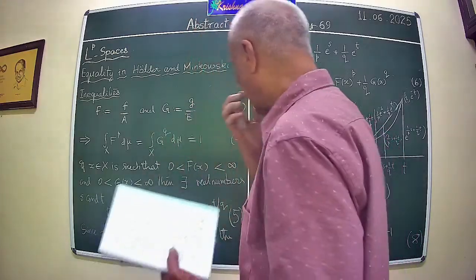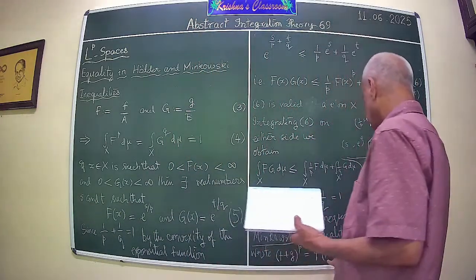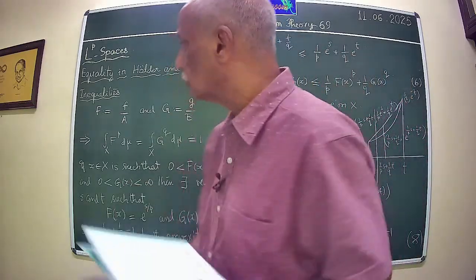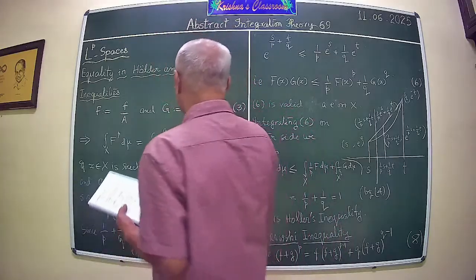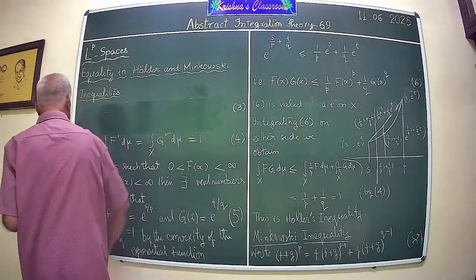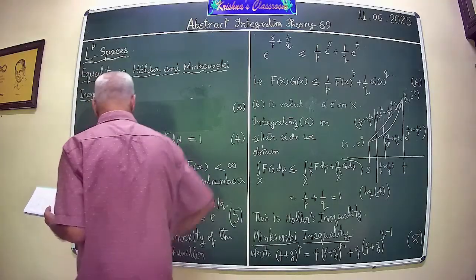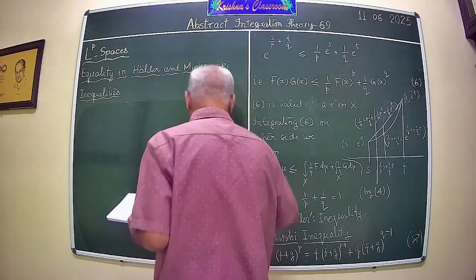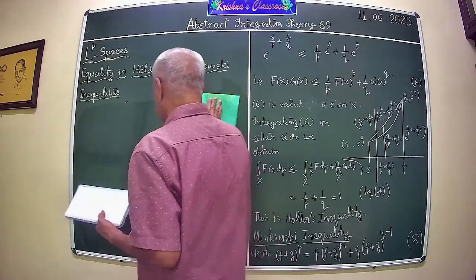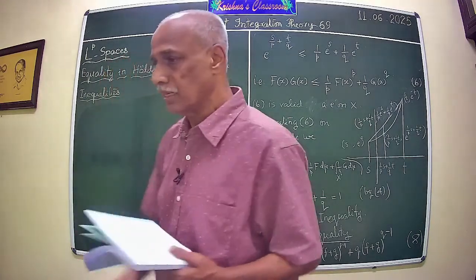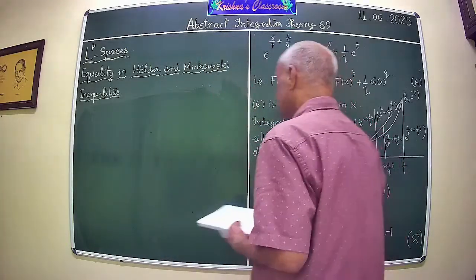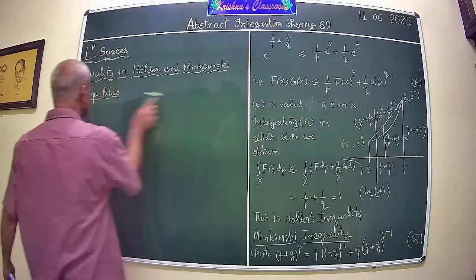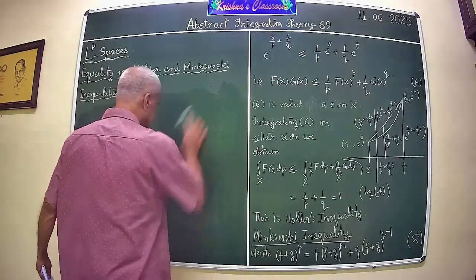Now, what we do is, to each of these terms, we will apply Holder's inequality. And we get two inequalities, which are, understanding that is essentially important in getting the equality. So what we have is the following. We will write the following inequalities.